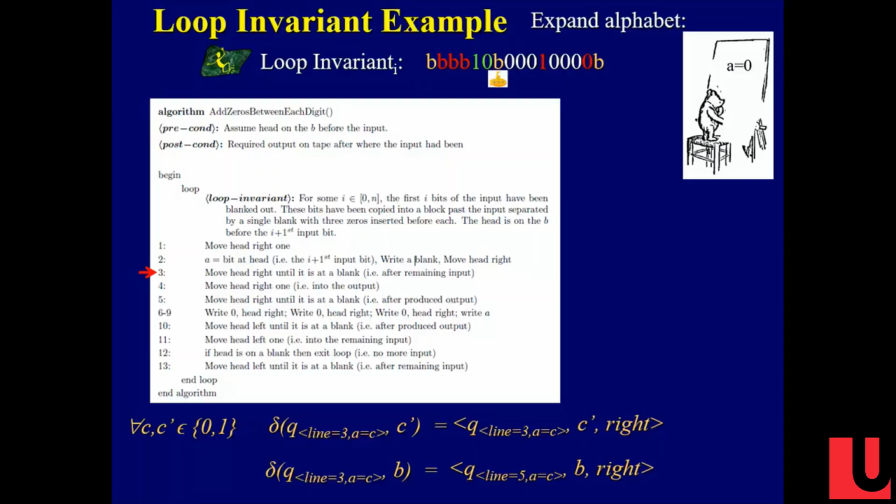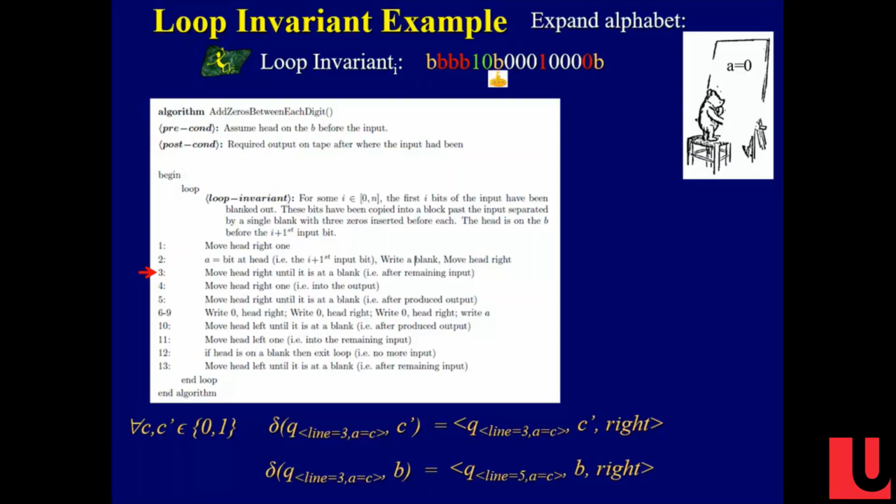I'm reading a 0, I write a 0. I read a 1, I write a 1. I read a 0, I write a 0. I read a 1, I write a 1. I read a 0, I write a 0. These are all my C primes. Then I get to a blank. I move right, and now I'm going to do it again.